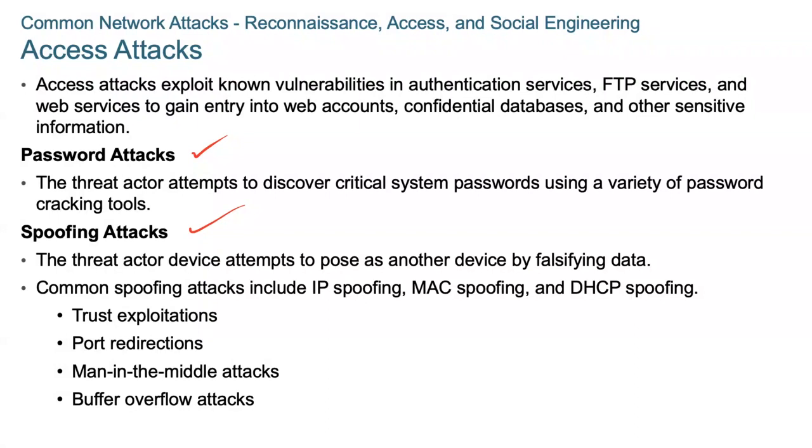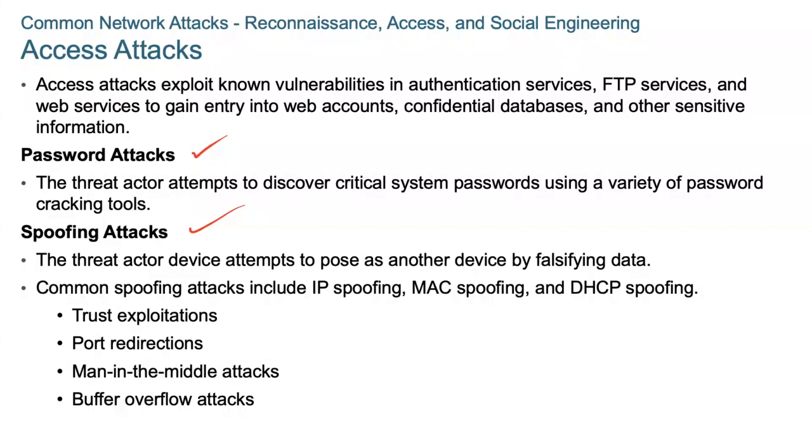Another one is the spoofing attack. In a spoofing attack, the threat actor's device attempts to pose as another device by falsifying data. Common spoofing attacks include IP spoofing, which we saw when the Address Resolution Protocol, ARP, is used to maintain the MAC addresses.